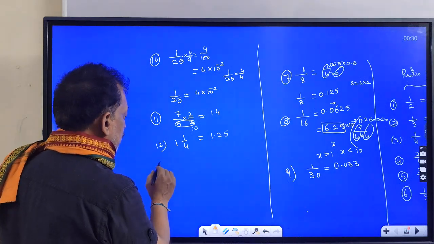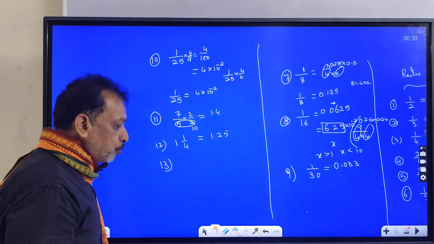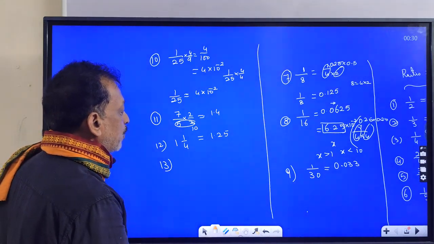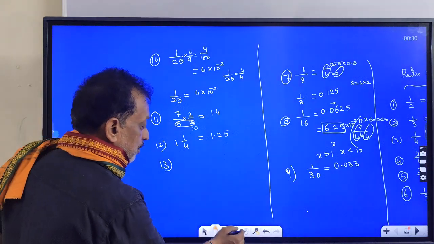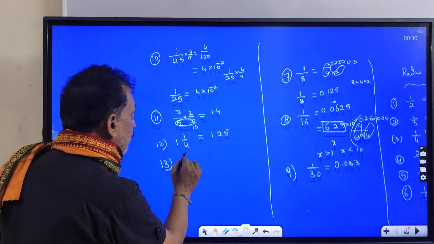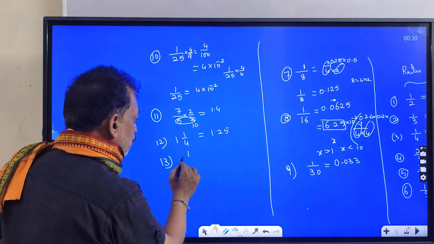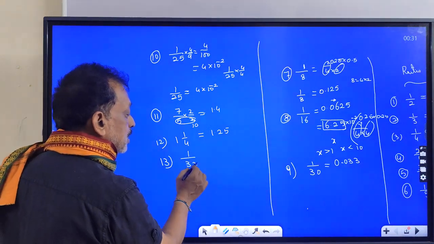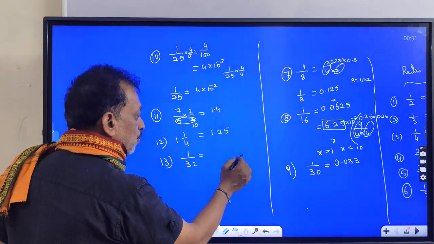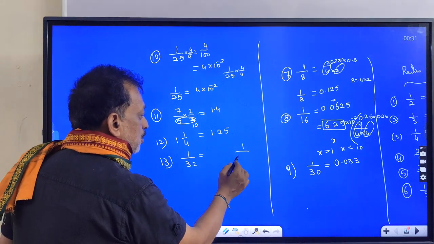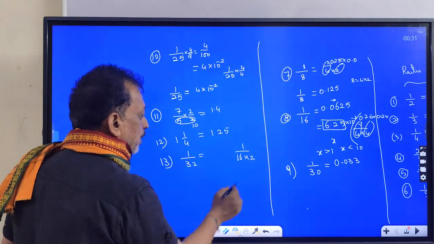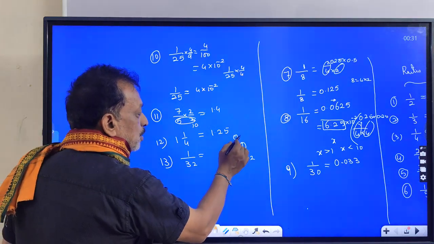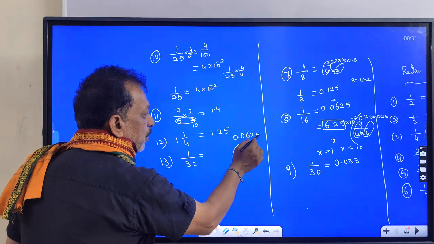Now take any calculation, and in the denominator try to get zeros, or whatever you want. Next, 1 by 32. What to do? 1 by 32 is nothing but 1 by 16 into 2. 1 by 16 you already know: 0.0625.